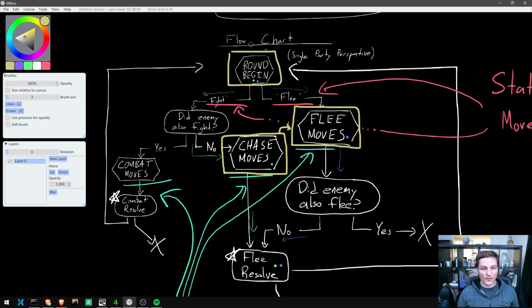The new system allows for more possible flows, including one party fights and the other party flees, and now these dots flow separately. So what I need to do is think through what is and isn't useful about structuring things this way.